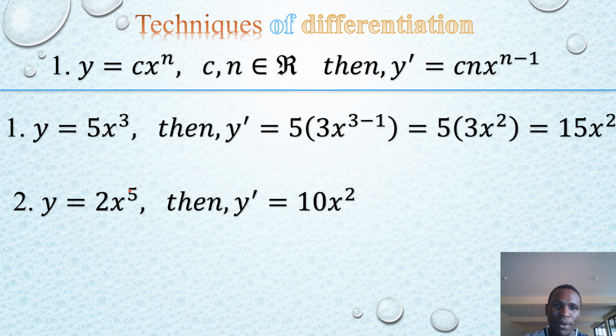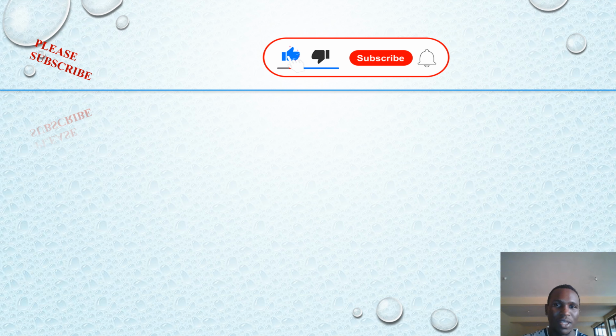Then I reduce the power of 5 by 1. I'm sorry, this thing was supposed to be 4. It's a typing error, so make sure you correct it. So this is 10x to the power of 4. It's a typing error. Make sure you correct it and don't copy it.